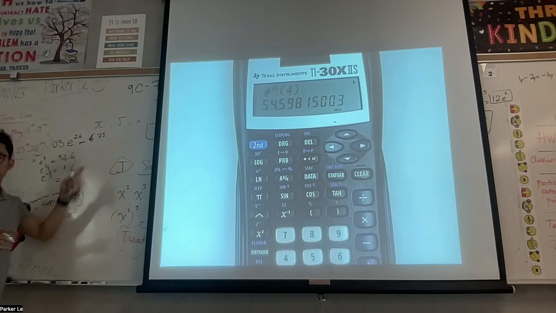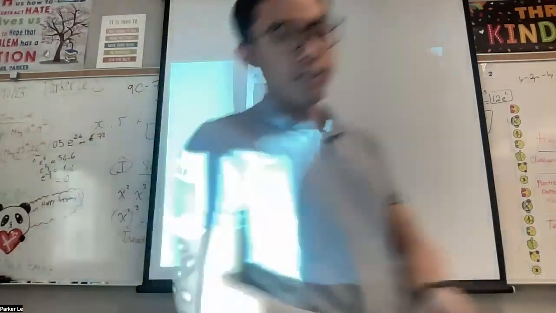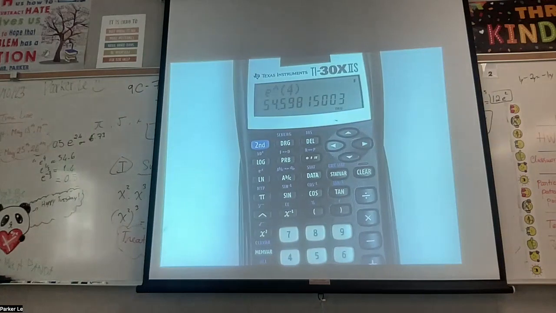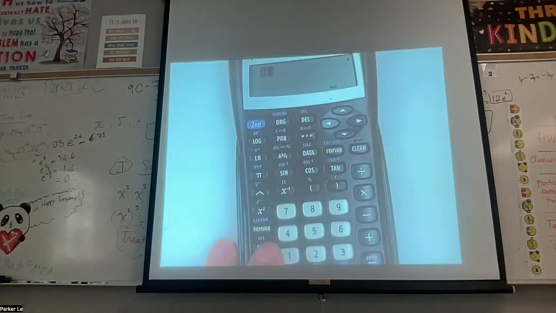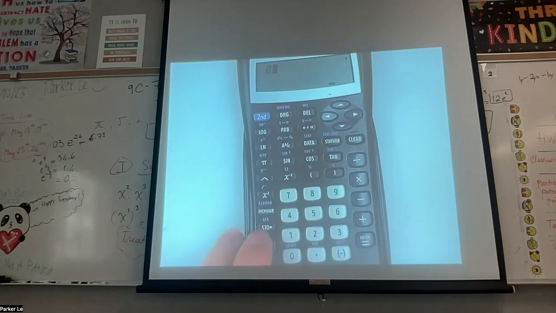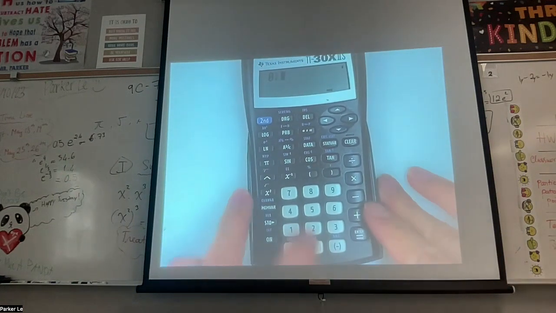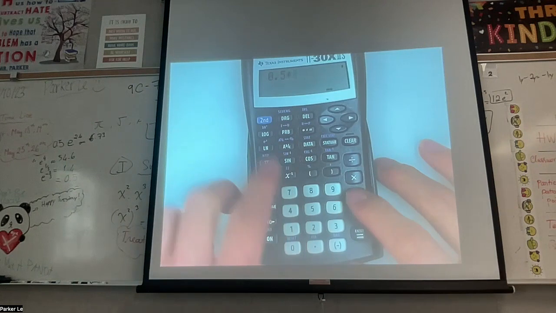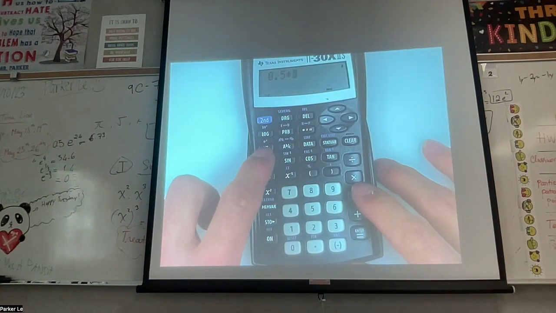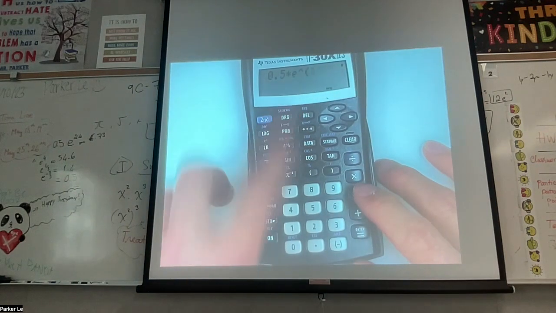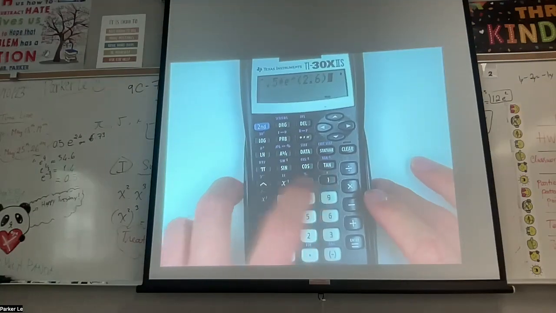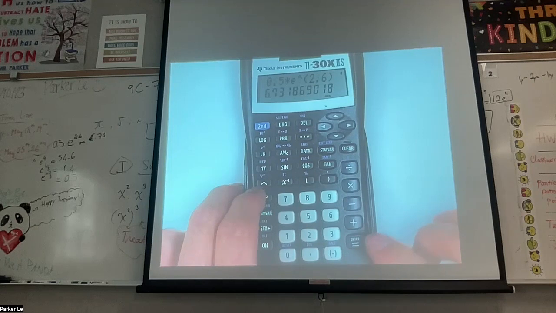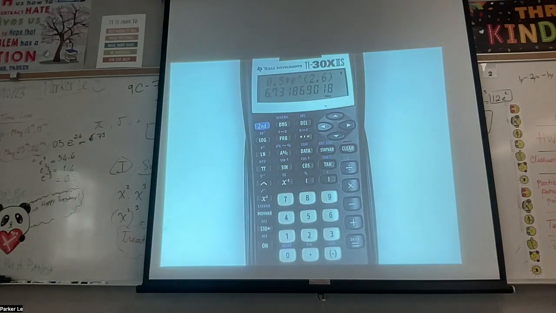Okay, let's check. So 0.5, I press 0.5 times, and then second LN, because that's going to give me e to the power, and then 2.6. You need to close the parenthesis, and then enter. So it's 6.73. Very good.